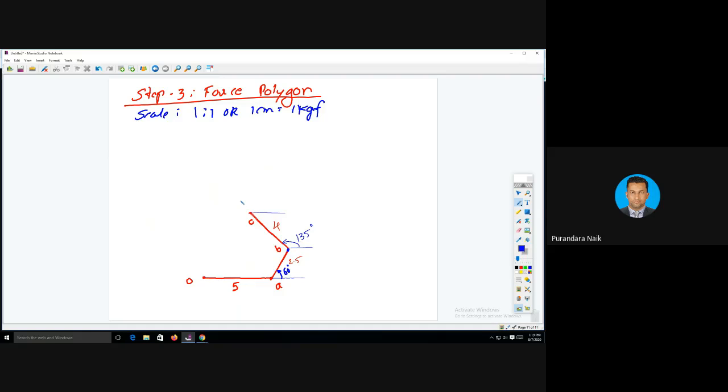After this, you need to mark the next line. Next is M4. It is unknown. You cannot take the length, but you can measure the angle. The angle is given. I think it is not 270. It is 210. Measure 210 degree here.